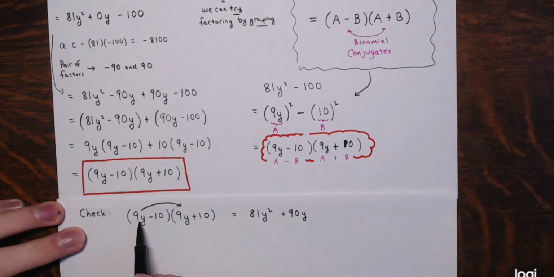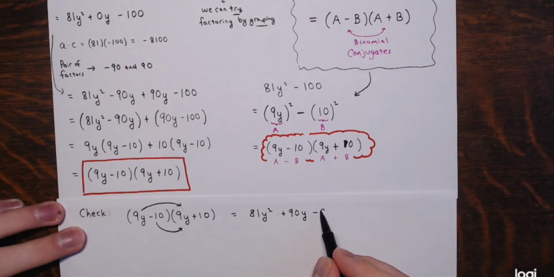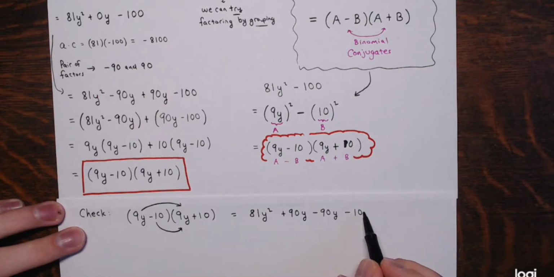Alright, now I'm done with the 9y. Move over to the negative 10. Distribute the negative 10. Negative 10 times 9y is negative 90y. And then negative 10 times positive 10 is negative 100. And then look, the 90y and negative 90y become 0y. They go away.